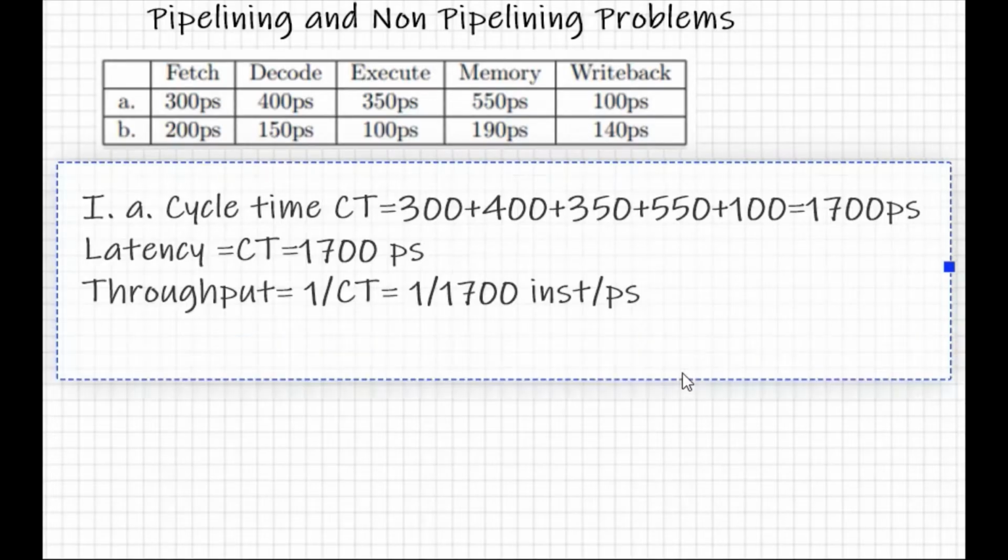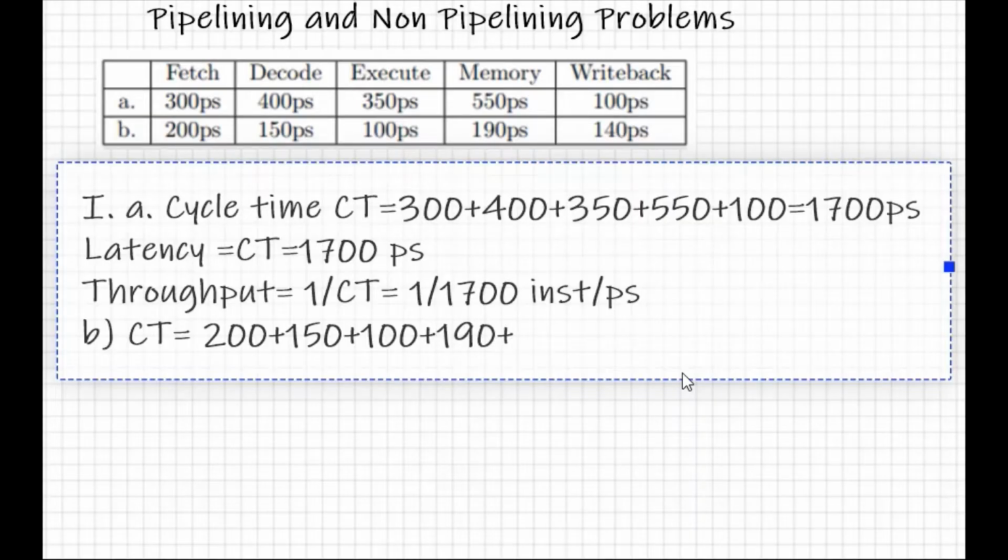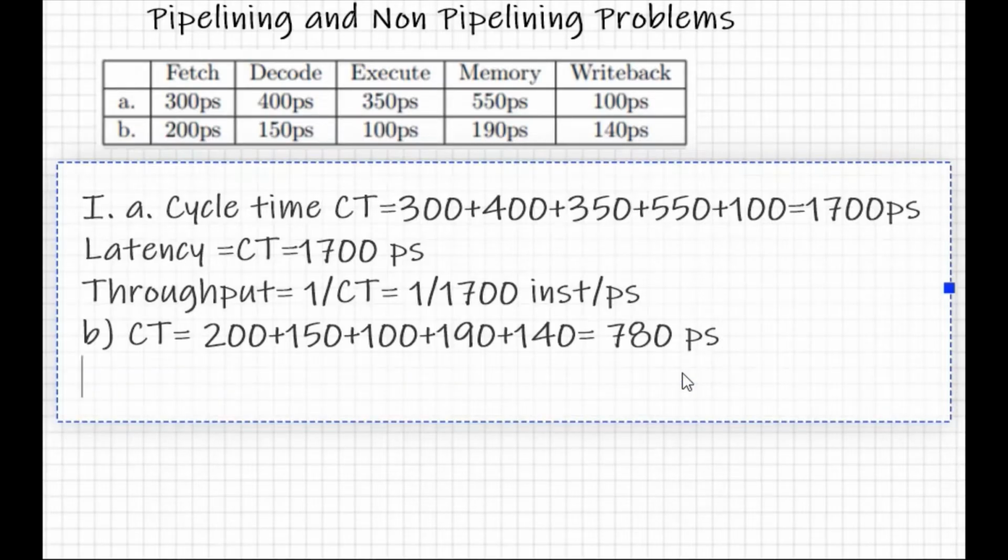We have calculated part A. In a similar way we will calculate part B. So cycle time CT is equal to just adding all the delays: 200 plus 150 plus 100 plus 190 plus 140. When you add it, it becomes 780 picoseconds. Because we are doing this for the non-pipelined system, latency is equal to CT, which is 780 picoseconds.